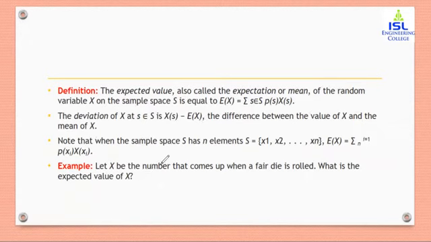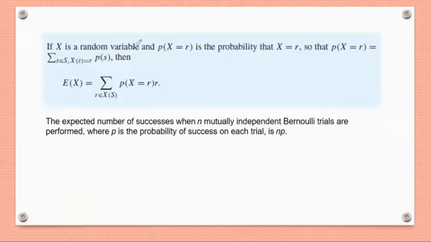Now, before that, we'll also have to see this definition. If X is a random variable and P of X equal to r is the probability that X is equal to r, then the expected value is defined as follows. The expected number of successes when n trials are mutually independent.